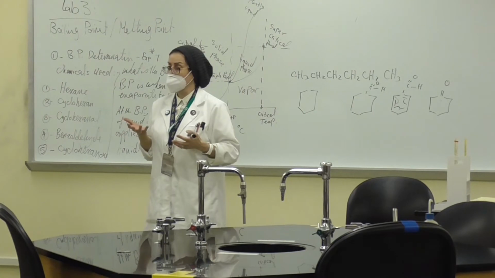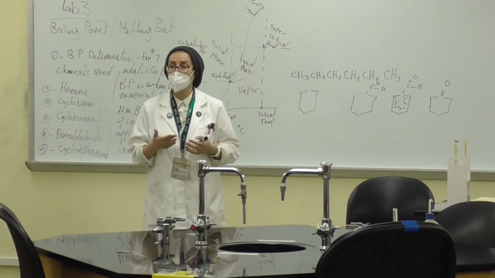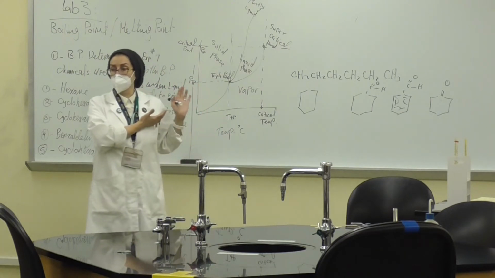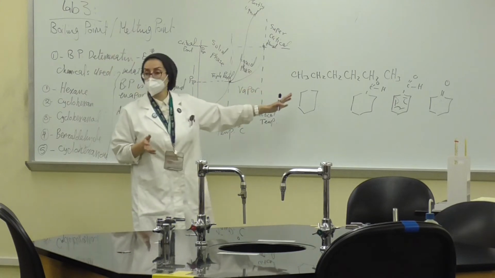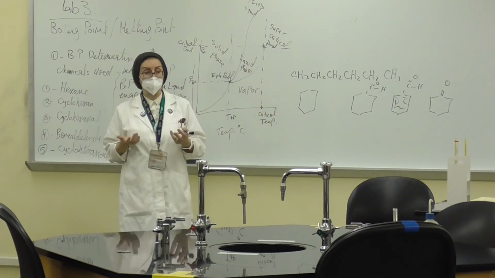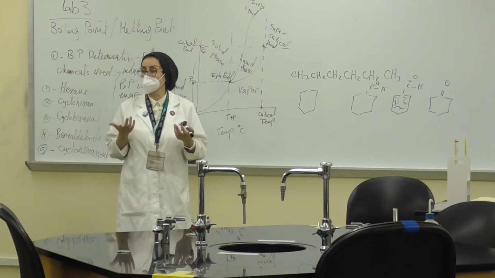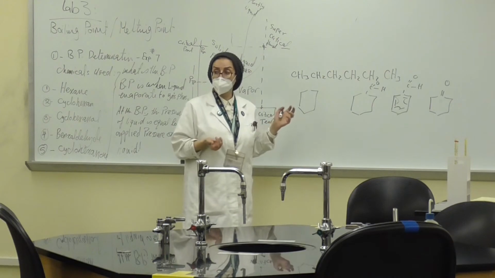So this is also another property that we will be able to use in the measurement of boiling or melting point. On top of that, we will be able to predict how it is going to affect the boiling point when we have different functional groups. So this applies to both, all right?